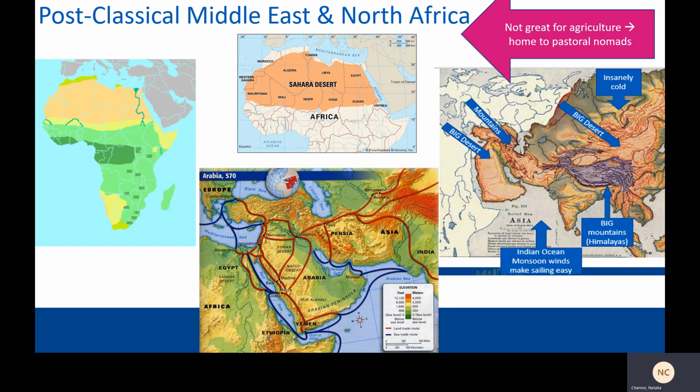That doesn't mean that long distance trade in this region ended entirely, however. It shifted to a new primary focus, and that new primary focus was in the Indian Ocean.